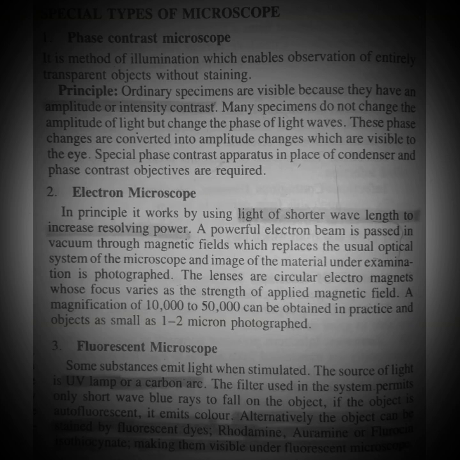A powerful electron beam is passed in vacuum through a magnetic field which replaces the usual optical system of the microscope, and an image of the material under examination is photographed. Firstly, the electron microscope requires a computer. And electron microscope is mainly used in histopathology.